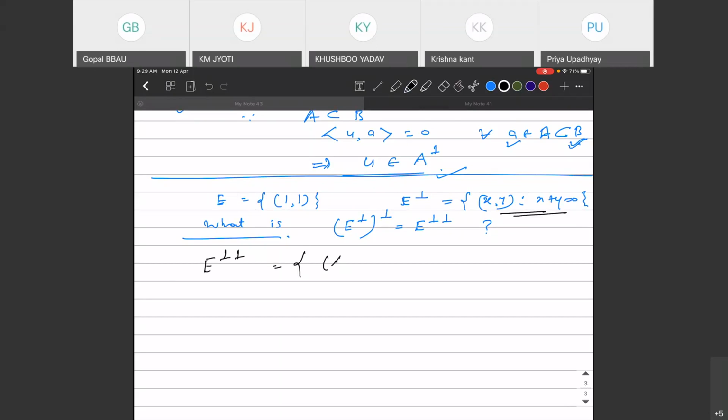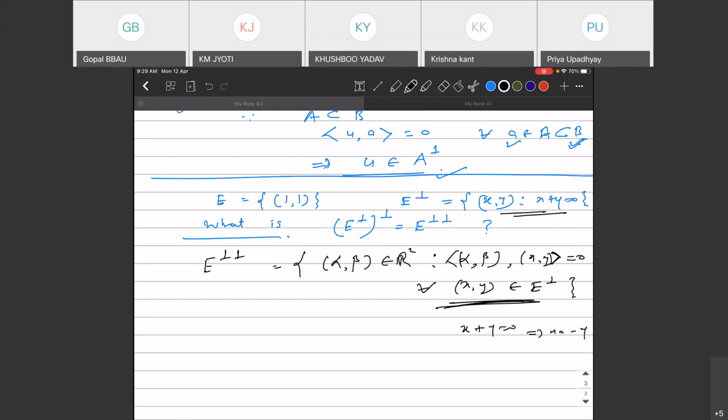This will be all those alpha, beta in R such that the inner product of (alpha, beta) with (x, y) equal to 0, and this is true for all (x, y) in E perp. From here x plus y equal to 0, this means x equal to minus y, correct? So what you are getting here is (alpha, beta) with (x, minus x).